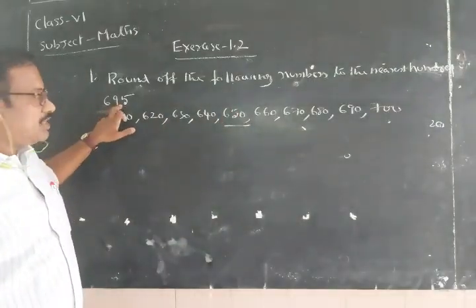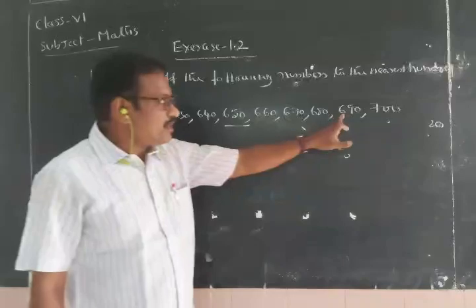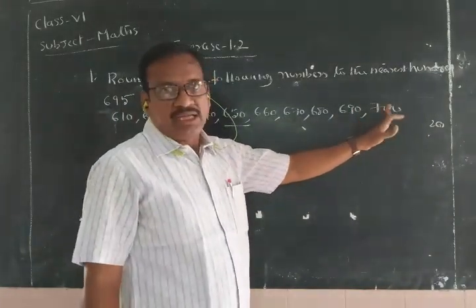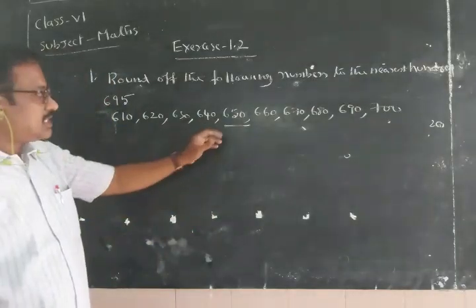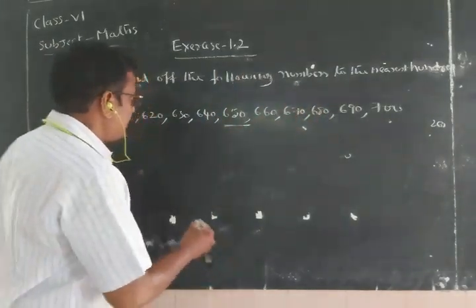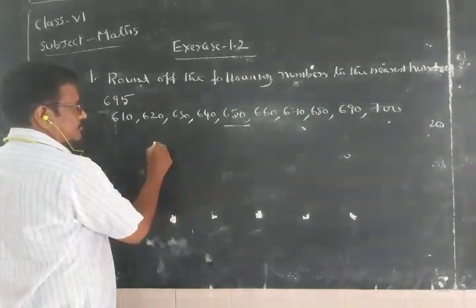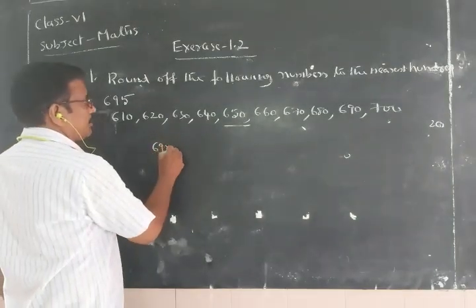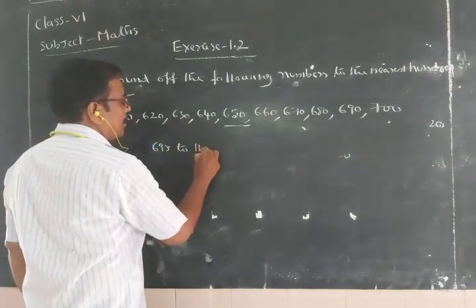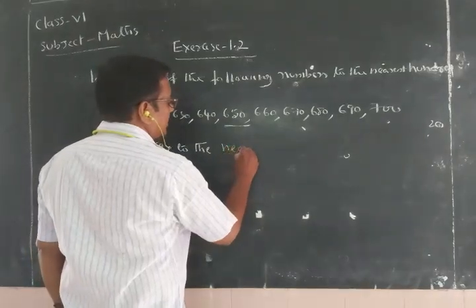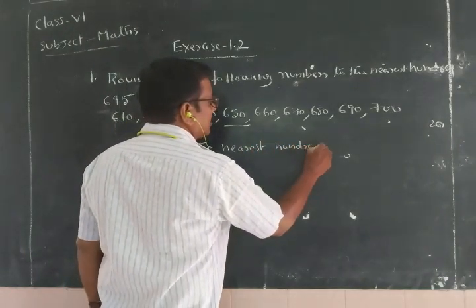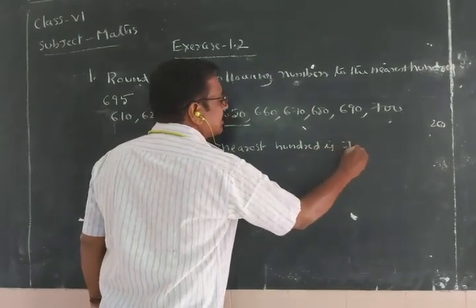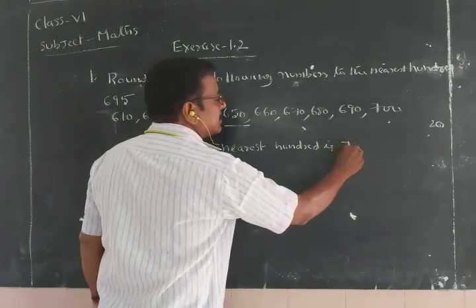Now 695 is between 690 and 700. So which is the nearest 100? 695 to the nearest 100 is 700.